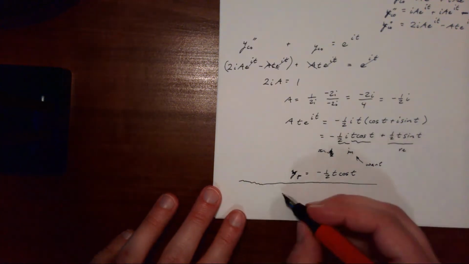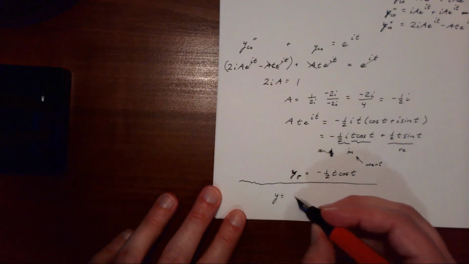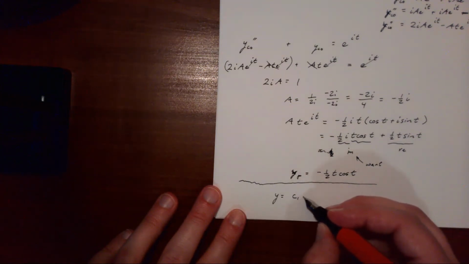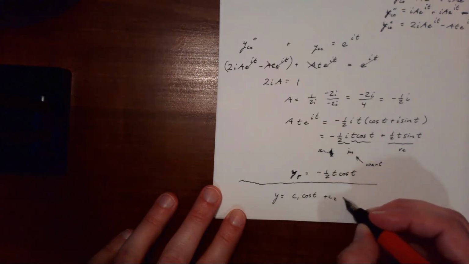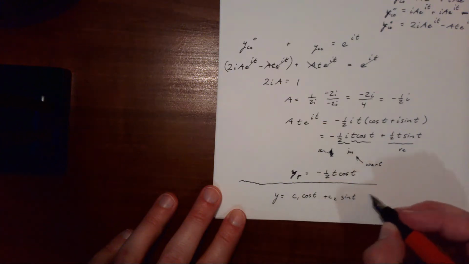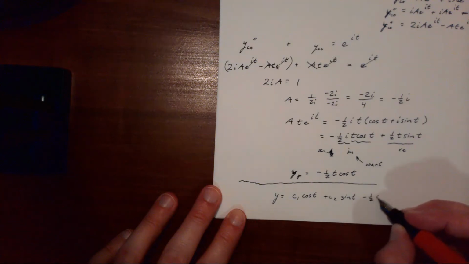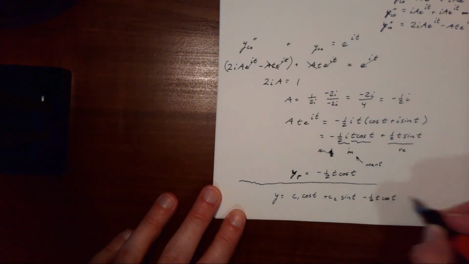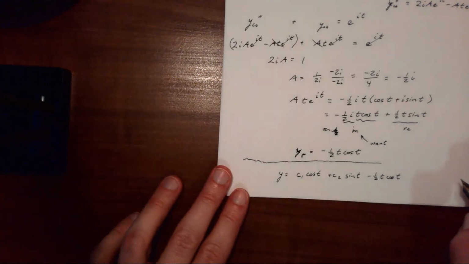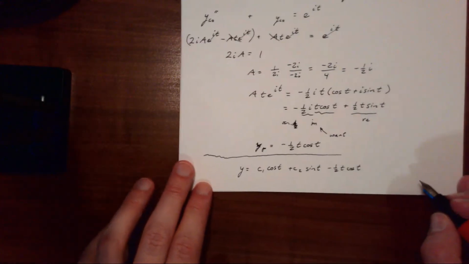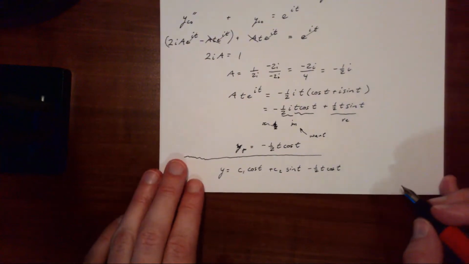Now, that means that our y is equal to c1 cosine t plus c2 sine t minus 1/2 t cosine t, which, if I want to plug in the initial conditions, I'm going to need to have not just this, but the derivative of this.